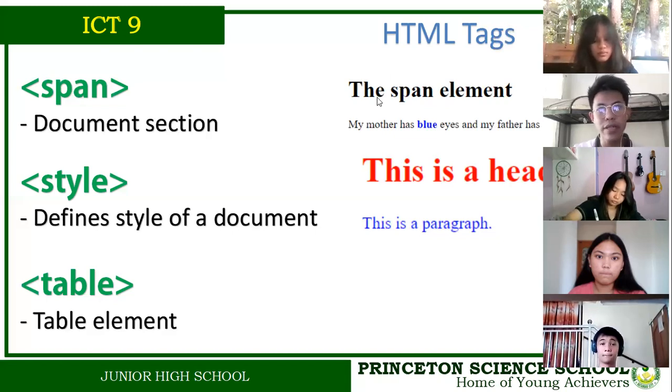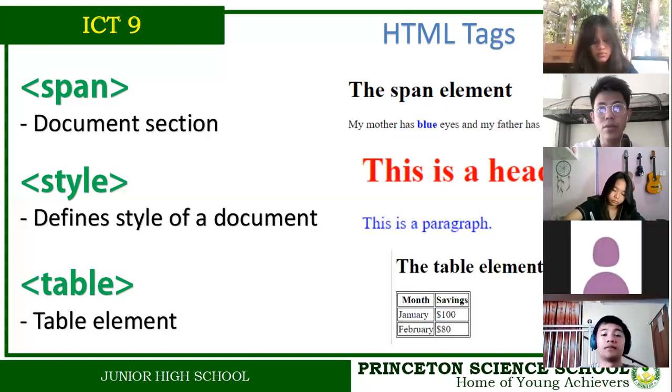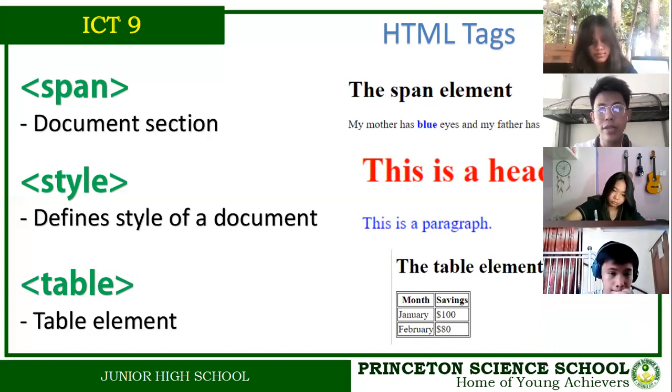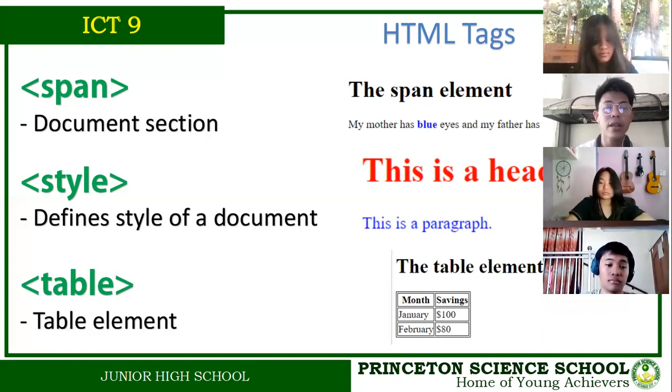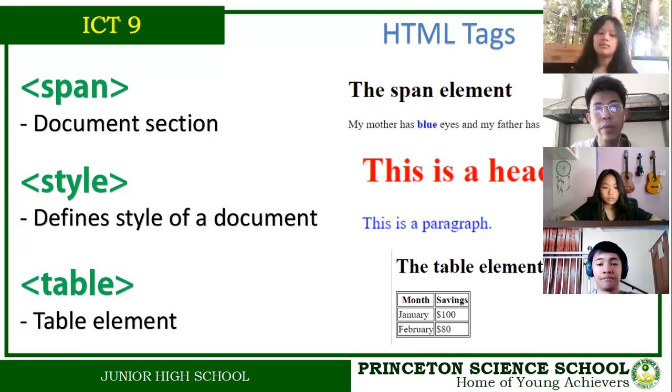So next we have the table tag, which is the table element. So basically that is for the table. Last time we discussed that we have the T head or the table heading, T body, which is the table body, and the T foot, which is the table footer. So the table tag indicates that we are going to make a table.